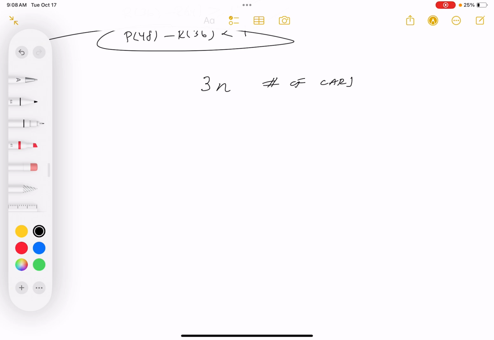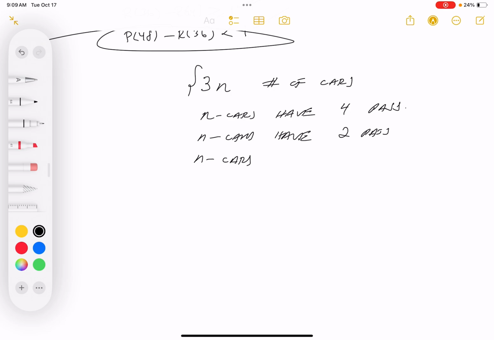So that means n cars have 4 passengers, n cars have 2 passengers, and n cars have 1 passenger, following the loading pattern.